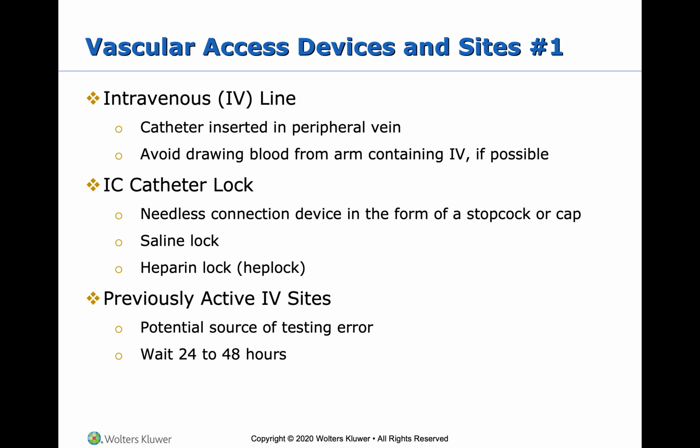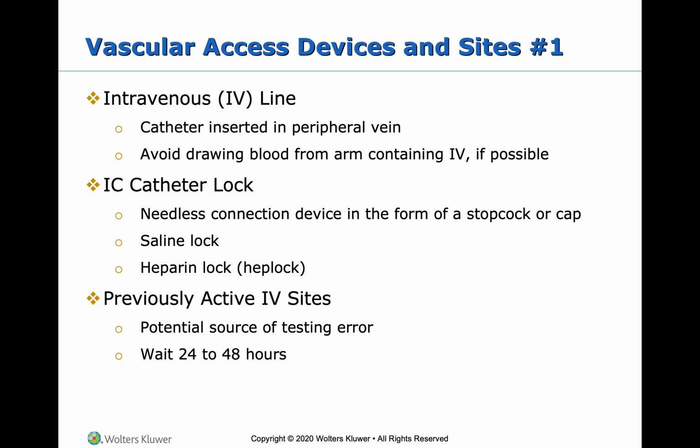If, however, a patient has IVs in both arms, or say they have had a mastectomy on one side and have the IV in the other side, because you're not supposed to puncture the skin on the mastectomy side, you may have to draw from an arm with an IV in it.